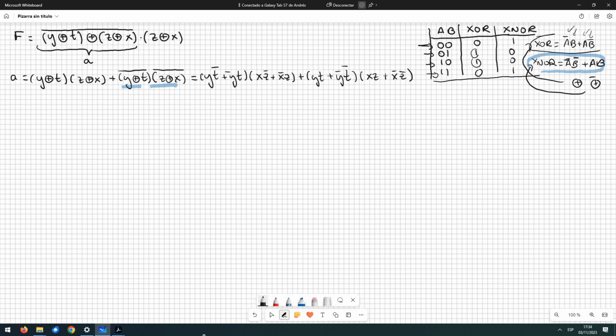Okay, so now we can apply the distributive property to have just a sum of products. And we are going to have the following. As I said before, I recommend you to order the variables in the product terms. So my order is going to be X, Y, C, and T.